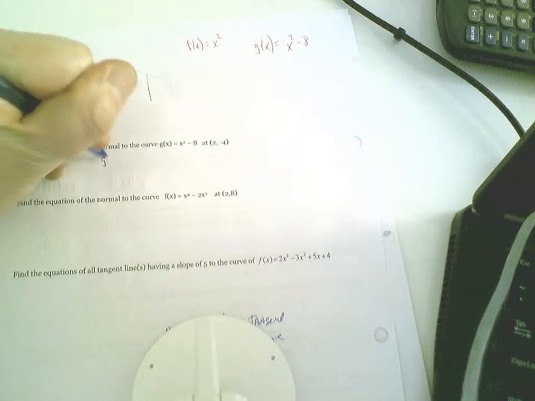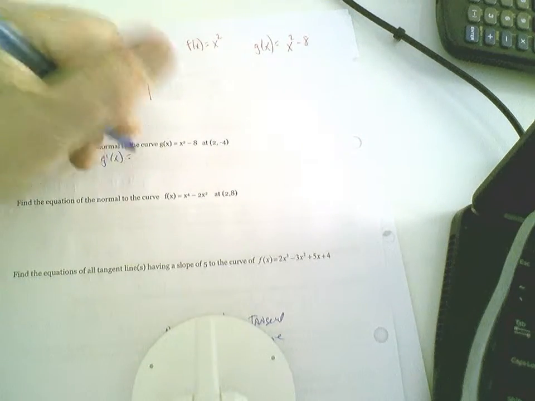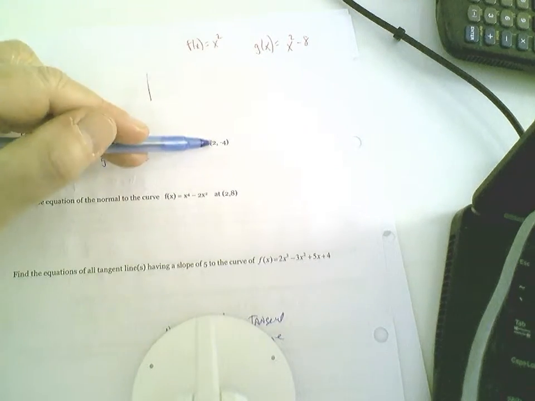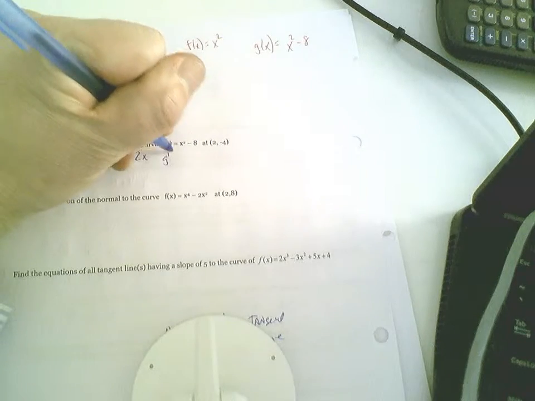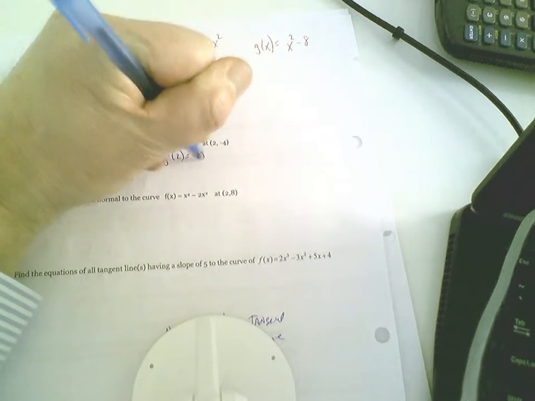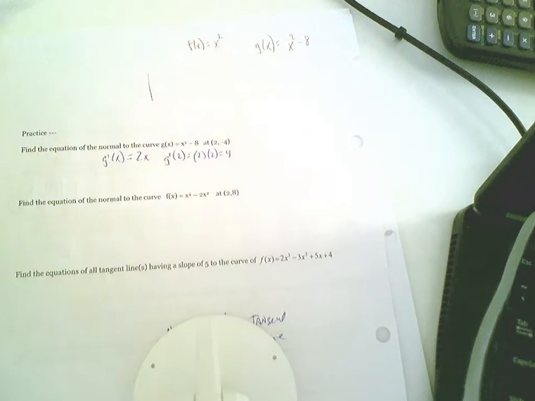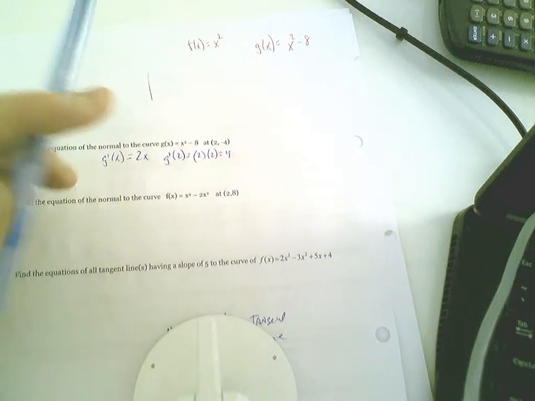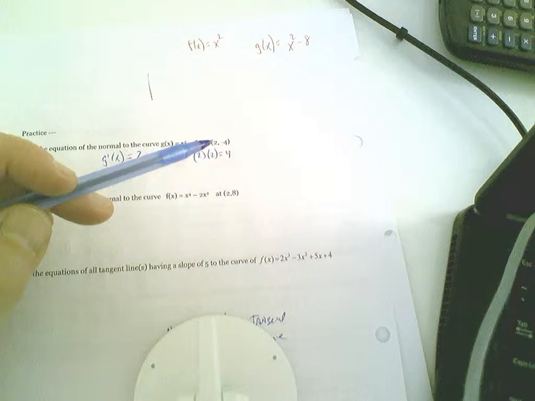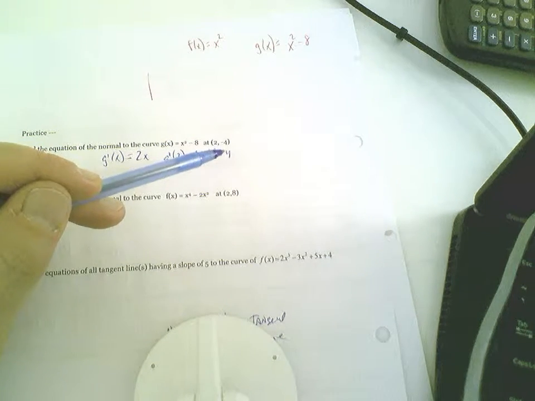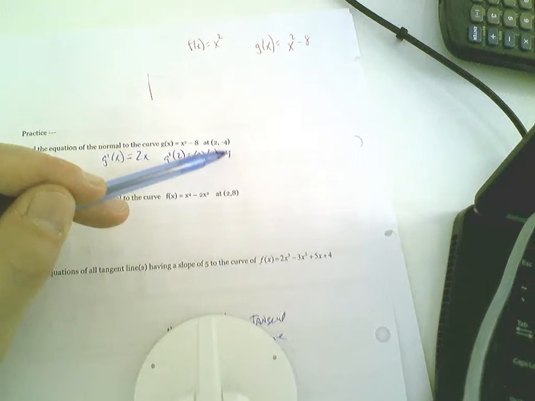Again, g prime of x equals 2x. g prime of 2, because I need to know the slope of the tangent line when the x coordinate is equal to 2. g prime of 2 equals, we did this before, 2 times 2 equals 4. I know that the tangent line has a slope of 4. My normal line is going to be perpendicular to the tangent line.